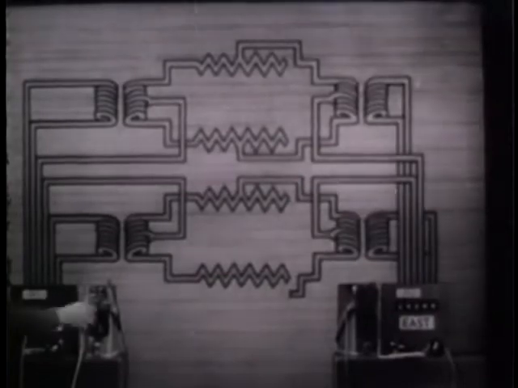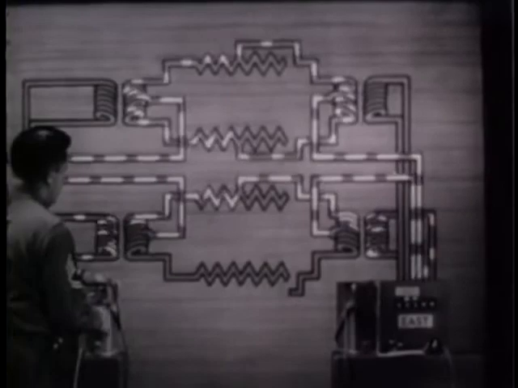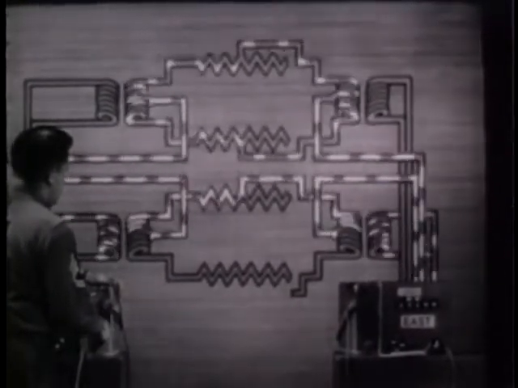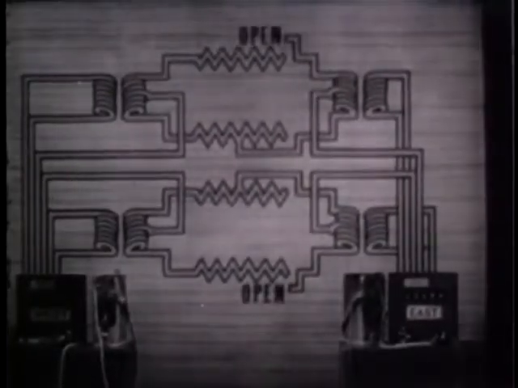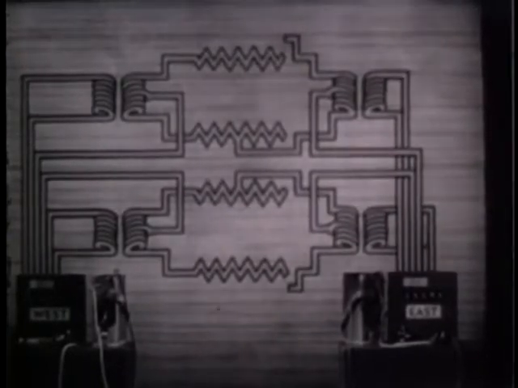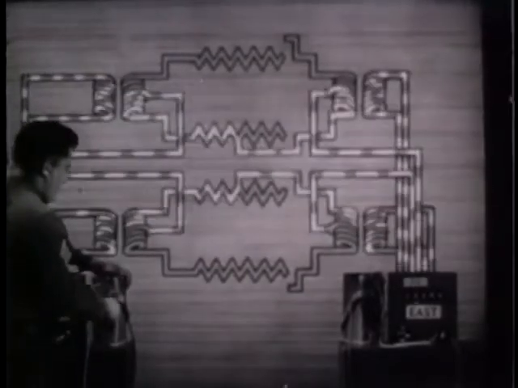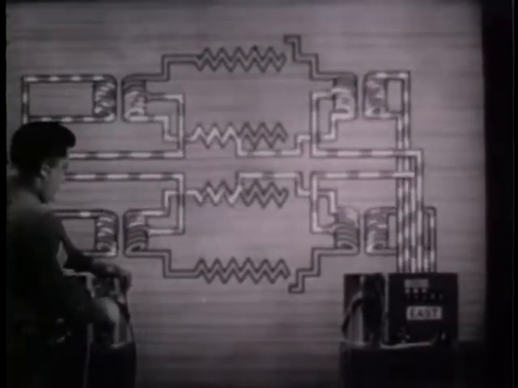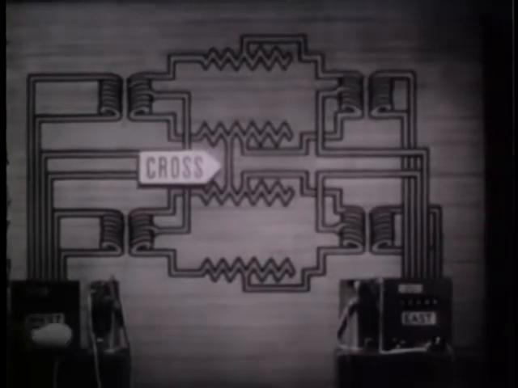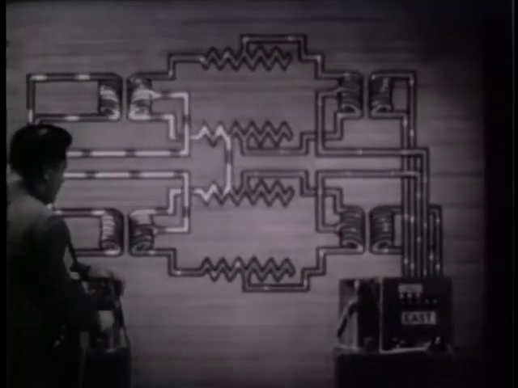An open in one wire of a side circuit causes mutual interference between the side circuit and the phantom. When both side circuits are open, all three circuits interfere with each other. When the two side circuits are crossed, all three circuits interfere with each other, especially at the transmitting end.